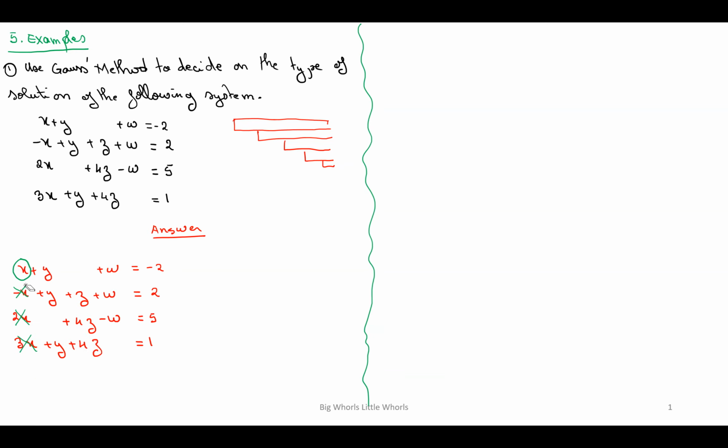Let me remove what I have written. Okay, how do we eliminate? First of all, to be able to cancel minus x, what do we have to do?